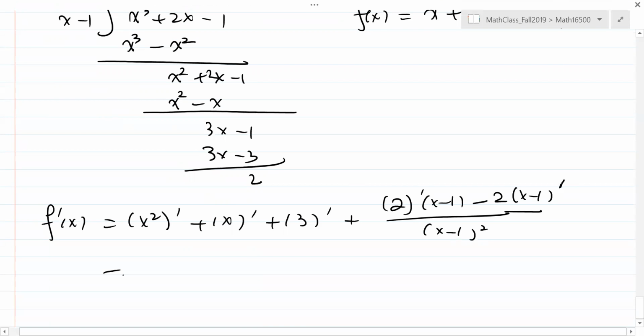The first term is going to be 0, the second term is minus 2 over x minus 1 squared. So that is the answer.